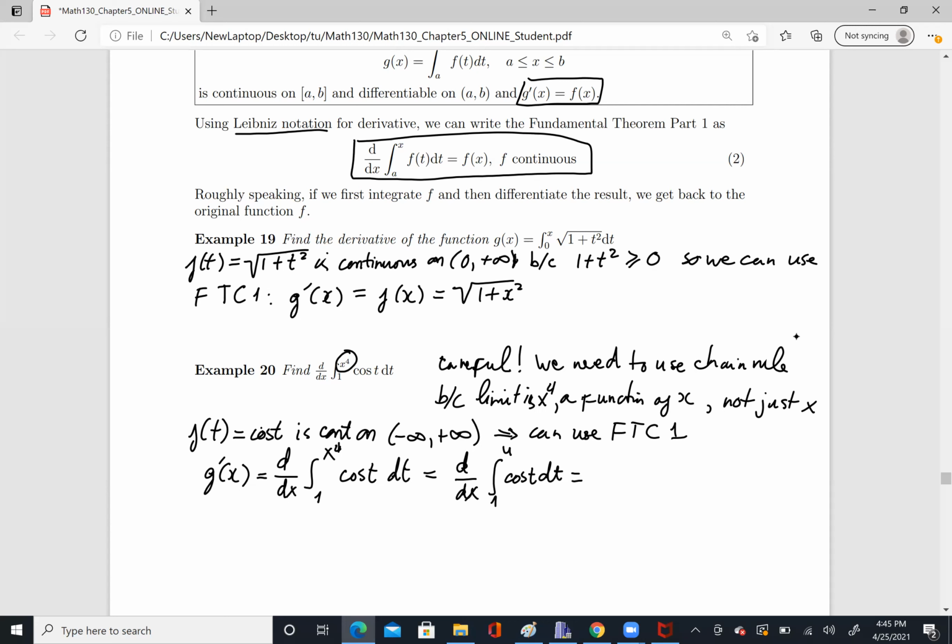So I have d/du of the integral from 1 to u of cosine t dt. Okay, but since when I convert the x to be u, I need to apply chain rule in here. That means I need to take the derivative of u with respect to x. Okay, so chain rule.